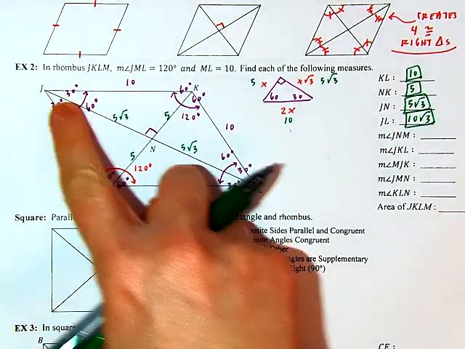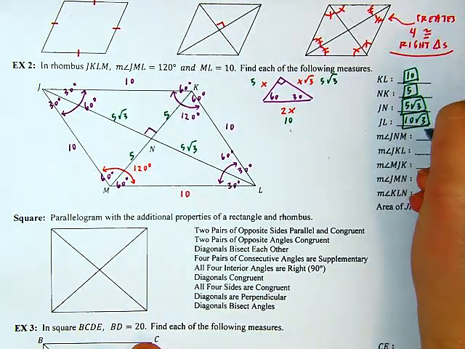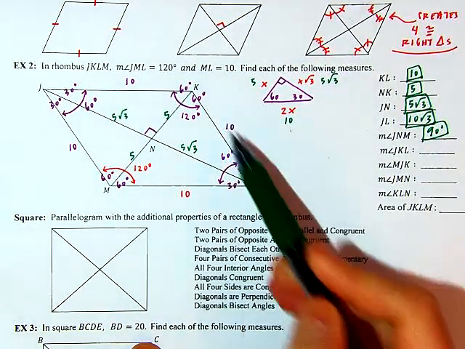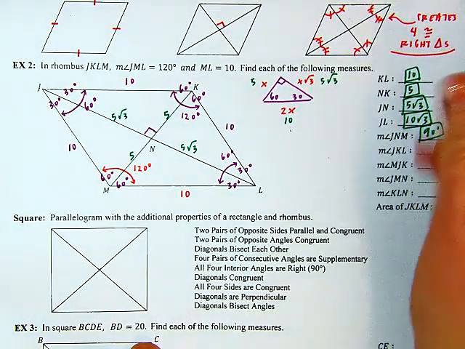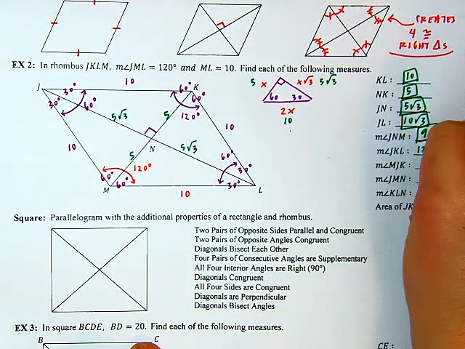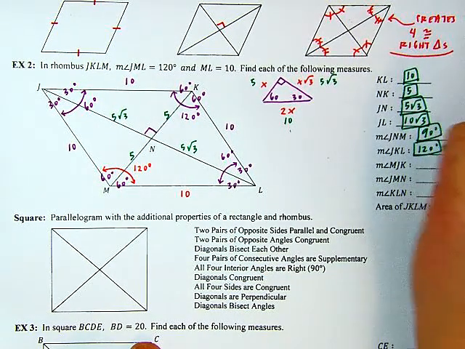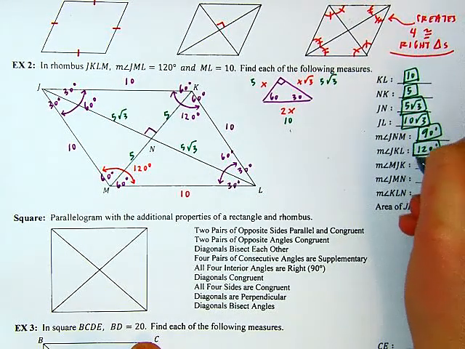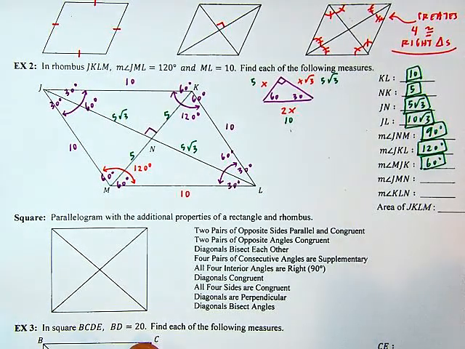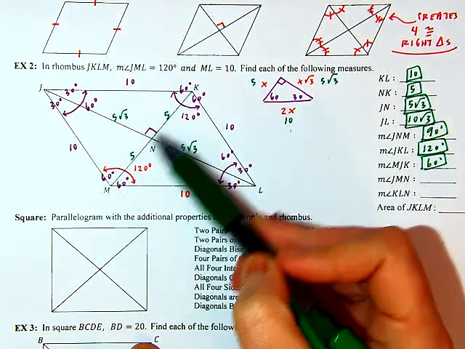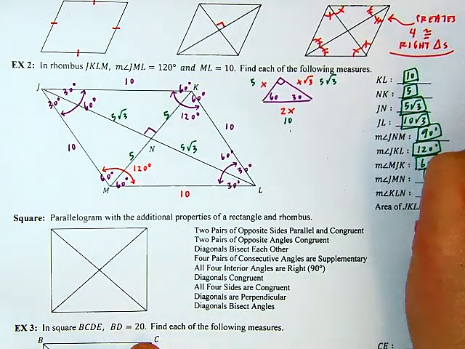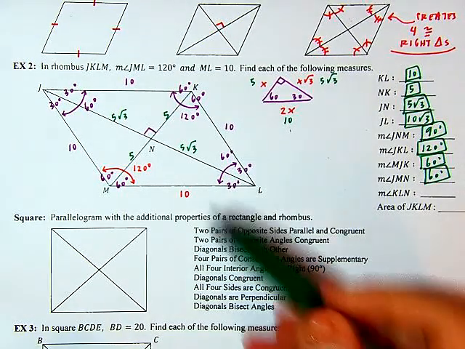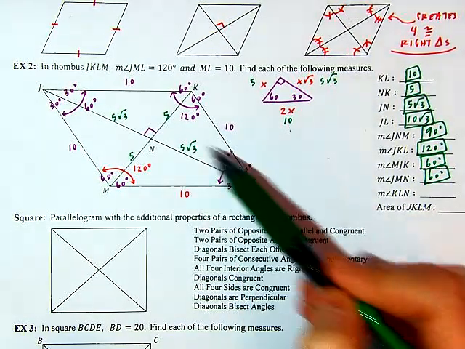JNM, so JNM, 90. JKL, the full angle, JKL is 120. MJK, that full angle is 60. JMN, JMN right there is also 60. KLN, KLN right here is 30.